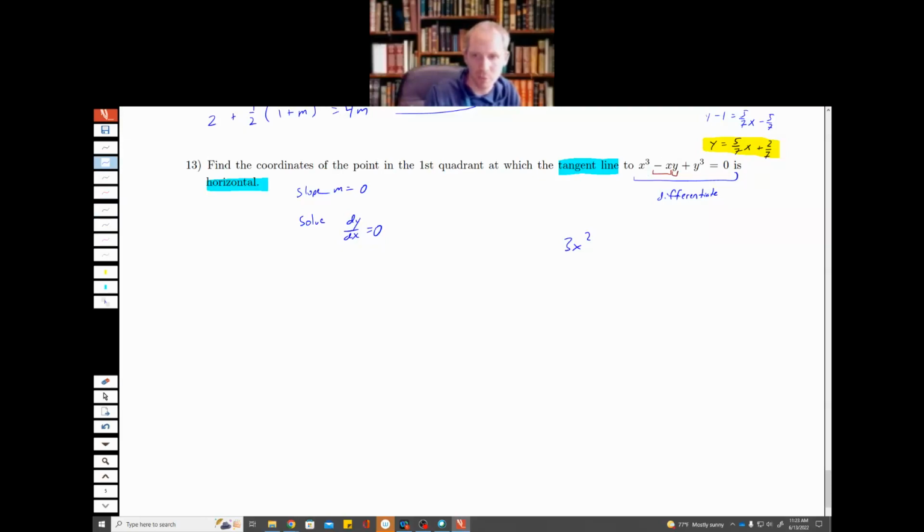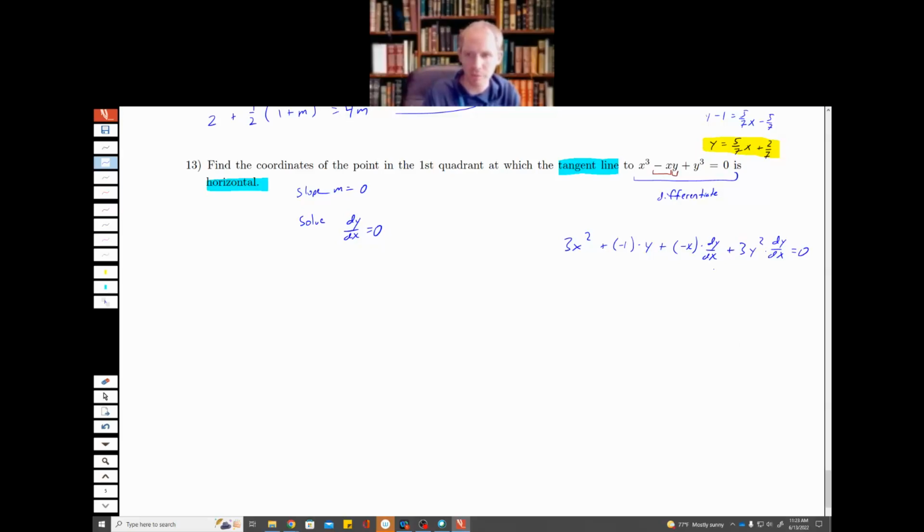Okay, so I have the derivative of the first, so negative 1 times y left alone, plus the negative x left alone, times the derivative of y, which is dy dx. Okay, when I differentiate y cubed, we're using the chain rule. Y is the inside function, so we get 3y squared times dy dx, and the derivative of 0 is 0.